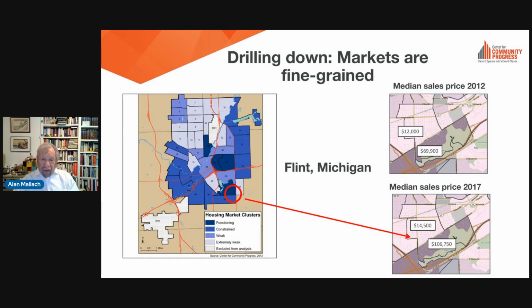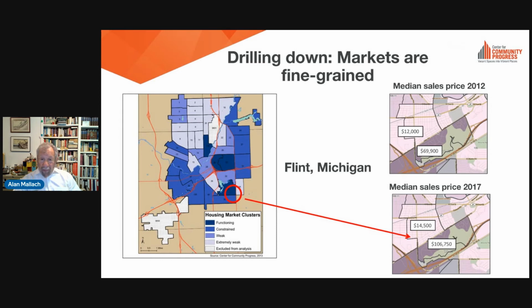You cross the street, and the area across the street is actually not only the houses are much more valuable, but the houses are appreciating much faster than on the other side of the street. Again, there are all kinds of reasons. If you drill down, you'll undoubtedly find reasons for this. But it's important to know that markets can be incredibly fine-grained and specific.